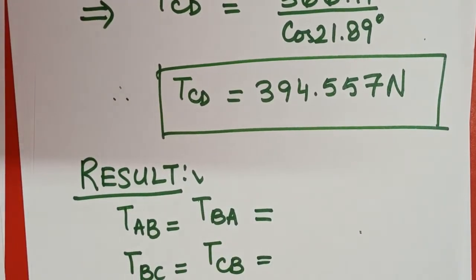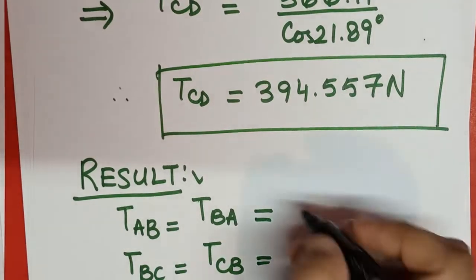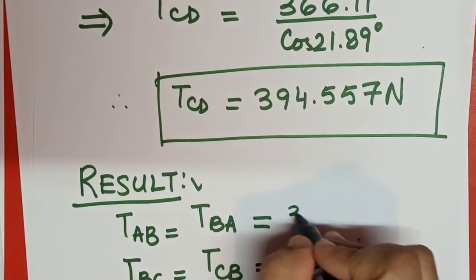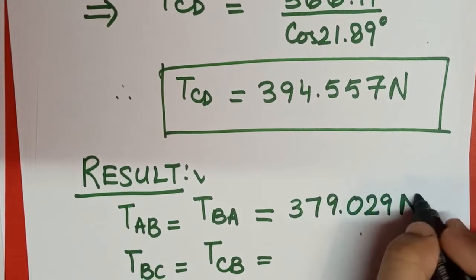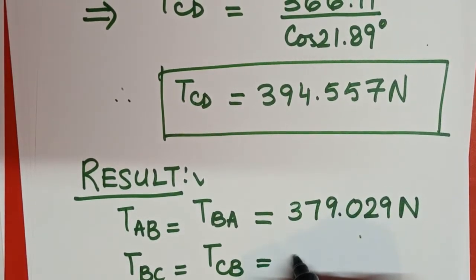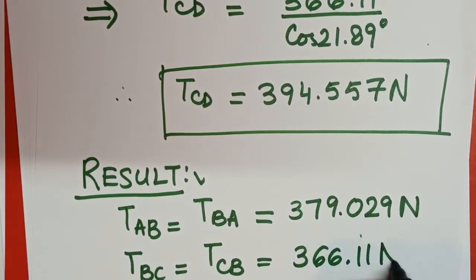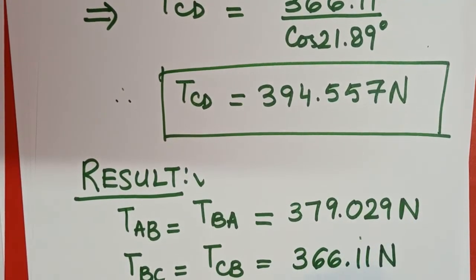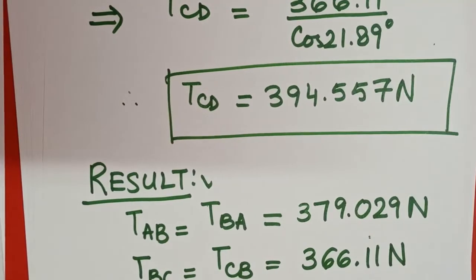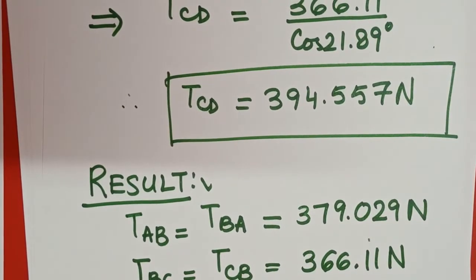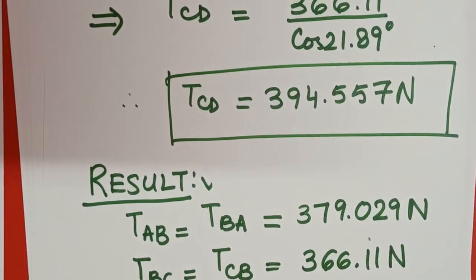The value of TAB or TBA is 379.029 Newton. The value of TBC is 366.11 Newton. The value of TDC is 394.557 Newton. And the value of theta, which is also asked in the question, is 21.89 degrees. So this will be the answer.